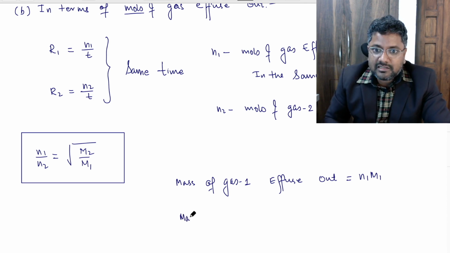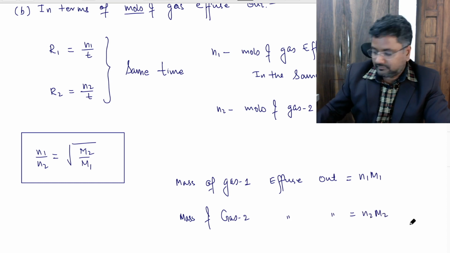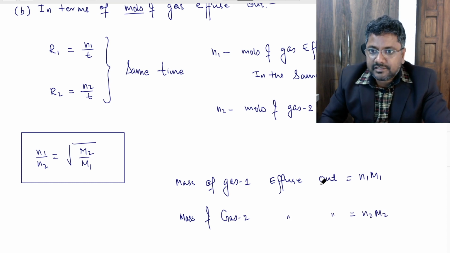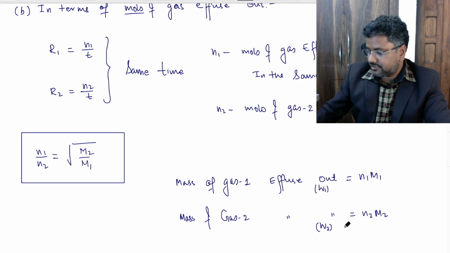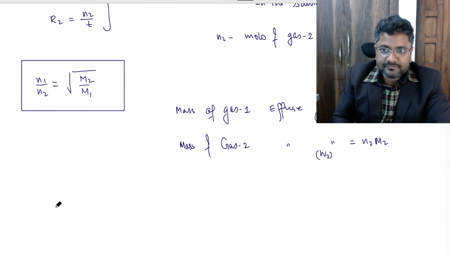Similarly, mass of gas 2 effused out is equal to N2 M2. Let it be W1 and this W2, right?